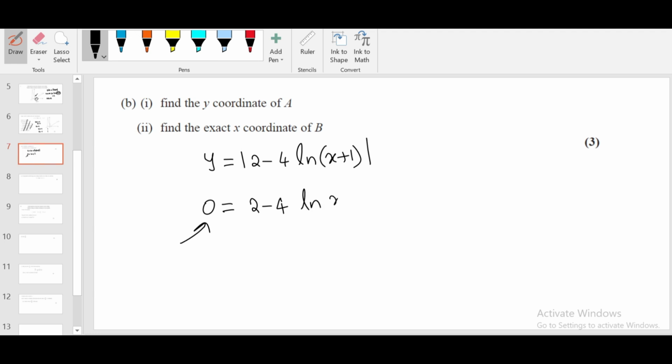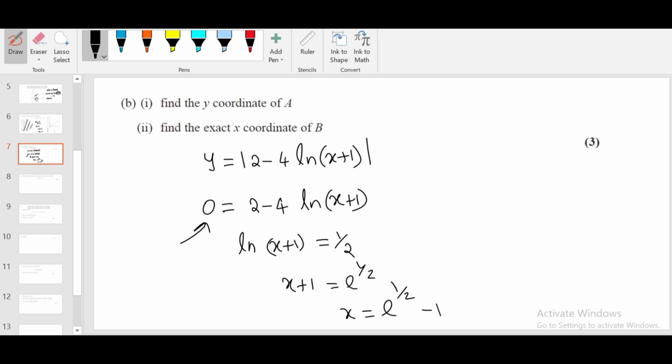Make x the subject. So ln(x plus 1) would be 2 divided by 4, which is half. Remove ln, the other side becomes e power half. So x is equal to e power half minus 1. So the point B is (e power half minus 1, 0). The x coordinate is just e power half minus 1.